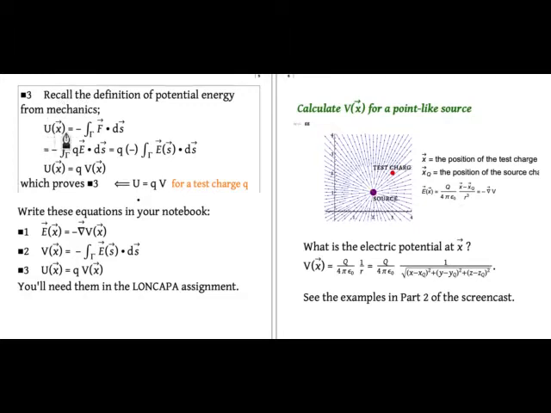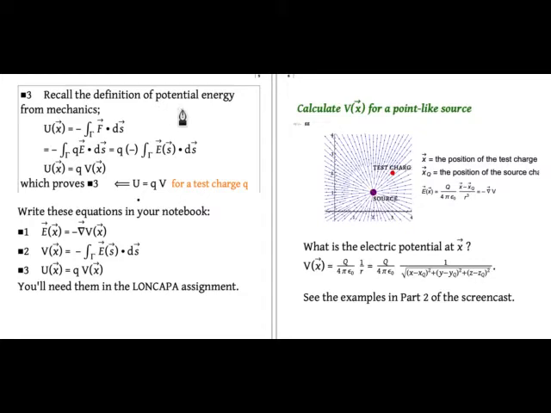The potential energy at a point x is the negative of the integral F dot ds, where the integral is a line integral which ends at x and starts at some reference position.